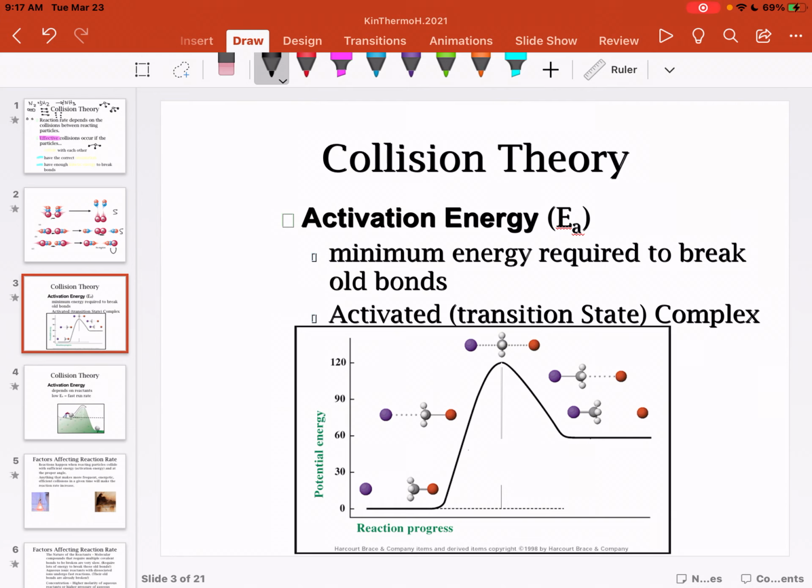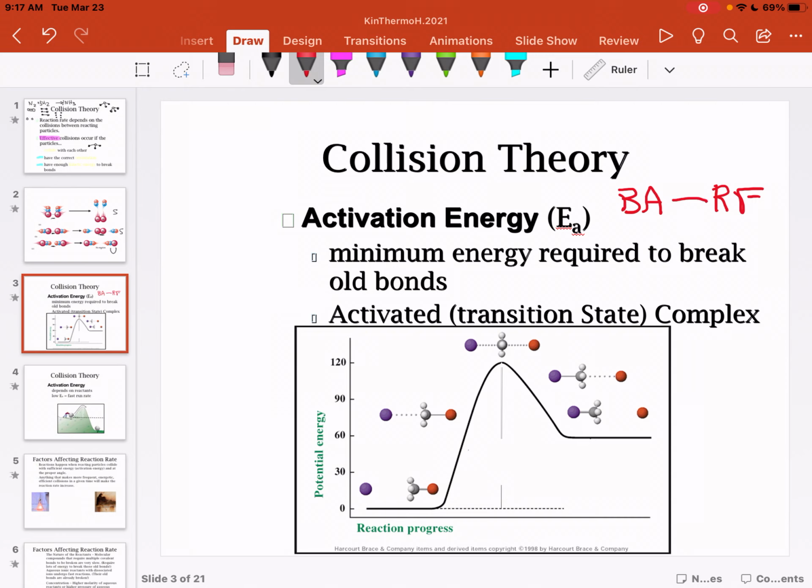So regarding the amount of energy we have to add to break old bonds, going back, when bonds are broken, energy must be added. And so that's the BA of BARF. Remember that when bonds are broken, energy must be added, and energy is released when bonds are formed.